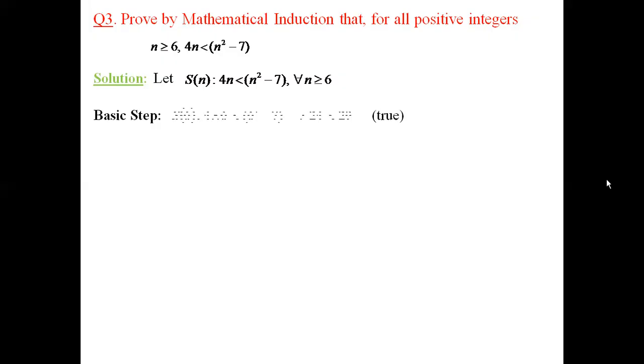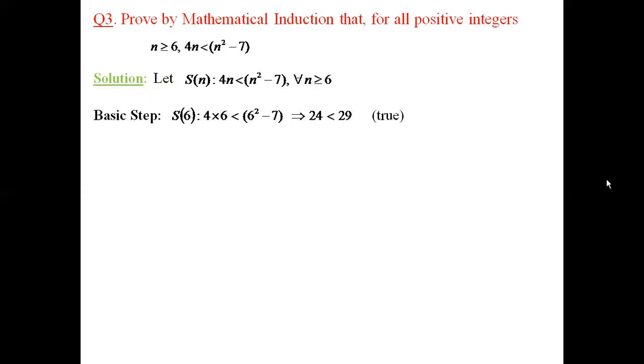Now the basic step, S of 6, as already mentioned, we need to prove for n equal to the least value. Here it is 6. So we are proving it for S of 6. So 4 into 6 in the left hand part is less than, taking n equal to 6 in the right hand part, 6 square minus 7.